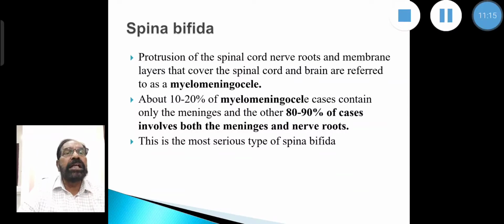Protrusions of the spinal nerve roots and membrane layers that cover the spinal cord and brain are referred to as myelomeningocele. About 10 to 20% of cases contain only meninges, and the other 80 to 90% involve both meninges and the nerve roots. This is the most serious type of spina bifida.